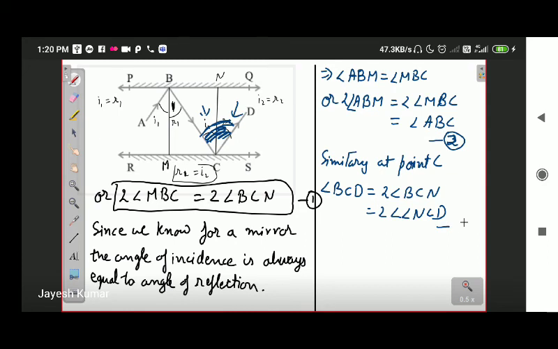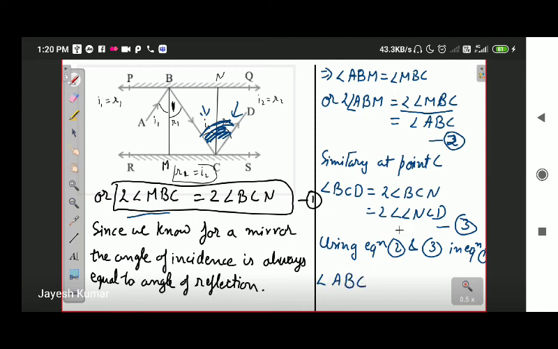Let me mark this equation 3. I'm going to use equations 2 and 3 in equation 1. Twice of angle MBC is equal to ABC, so instead of twice of angle MBC, I'm going to write angle ABC. And instead of twice of angle BCN, I'm going to write angle BCD, so angle ABC is equal to angle BCD.